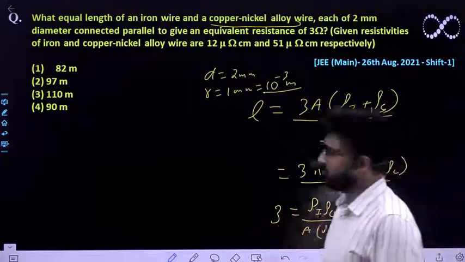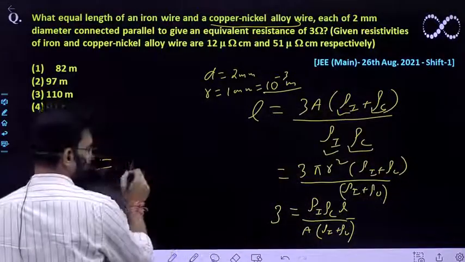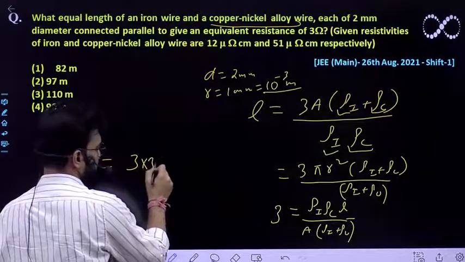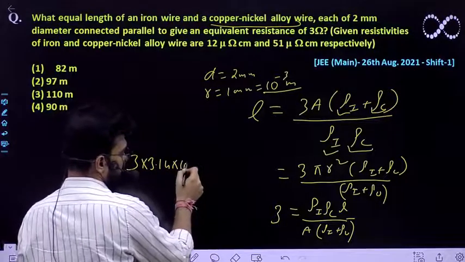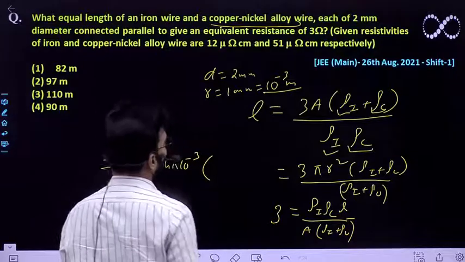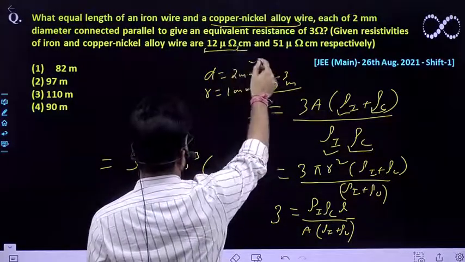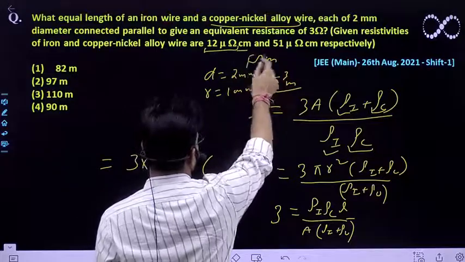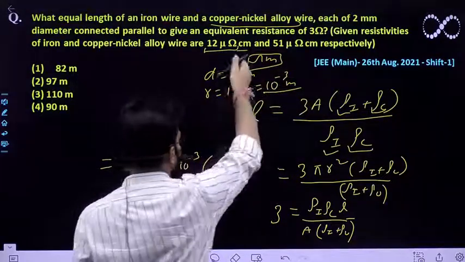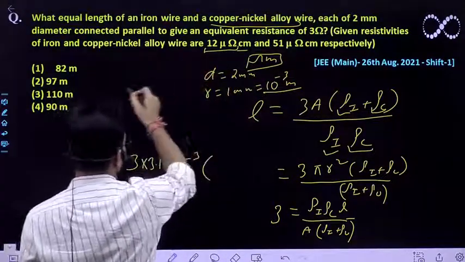Now put the values. Putting the values, we'll be getting 3 into 3.14 into 10 raised to the power minus 3 whole square. Rho I is 12 micro ohm centimeter, so it has to be converted into ohm meter, don't you think, because it's been given in this form.